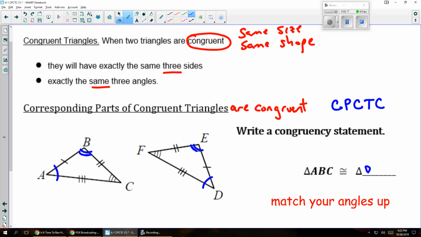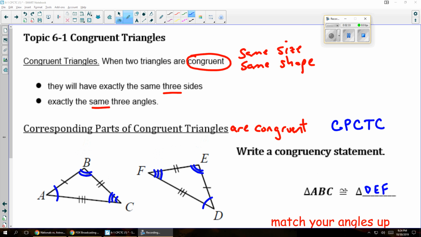It is congruent to E. And F has three marks, congruent to C, which also has three marks. The order of those letters is critically important. This mathematical sentence is read, triangle ABC is congruent to triangle DEF.